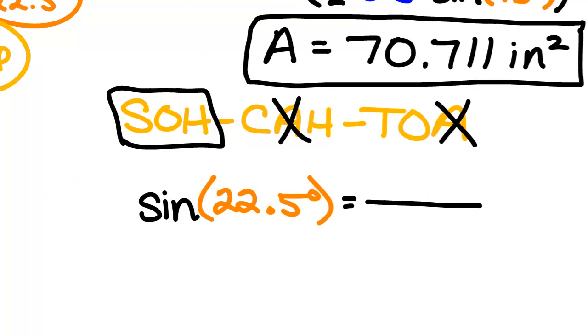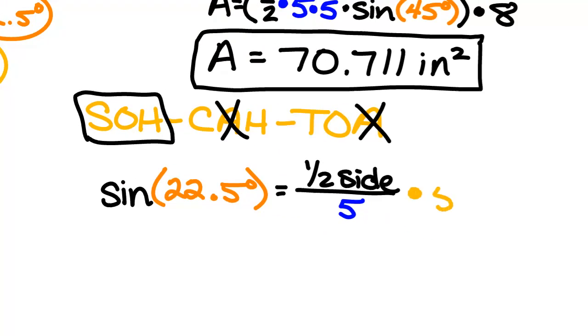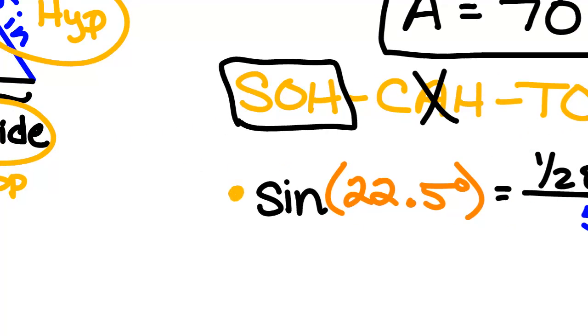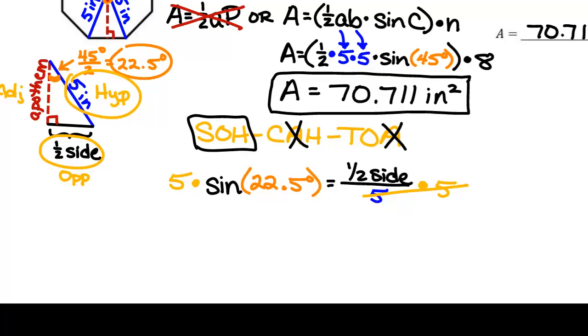What's my opposite side? 1/2 side. It's 1/2 the side of the octagon. And my hypotenuse is 5. Where would I go from here? Times both sides by 5. Yes, we're going to multiply by our denominator of 5. What is 5 times the sine of 22.5?